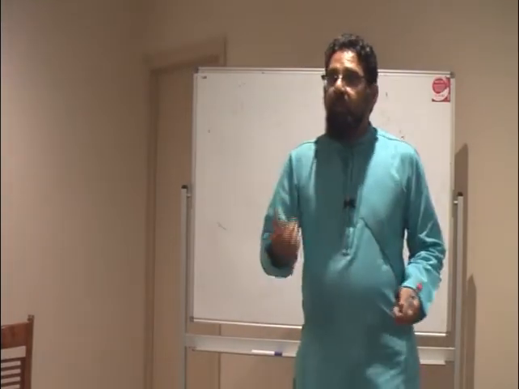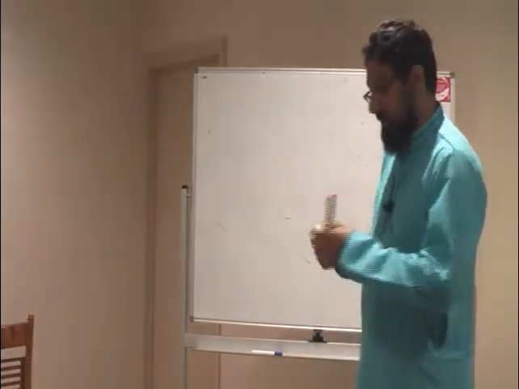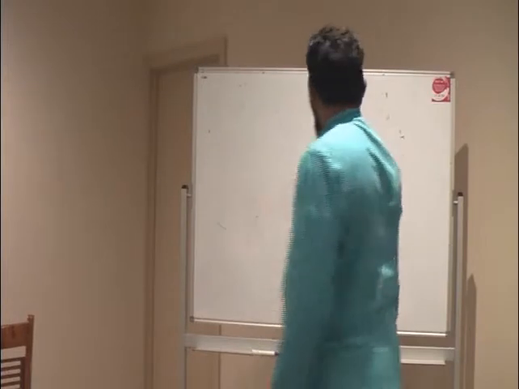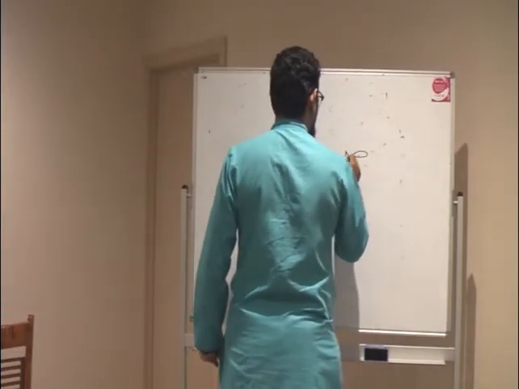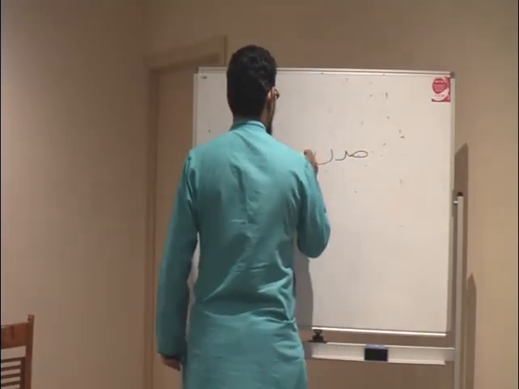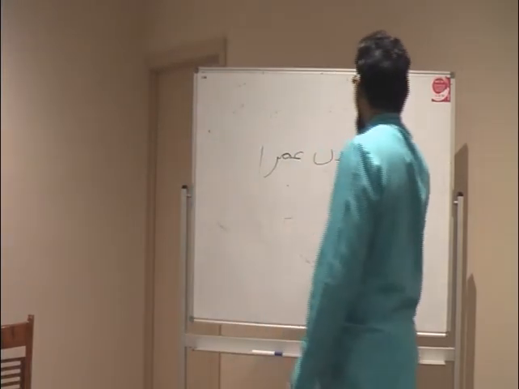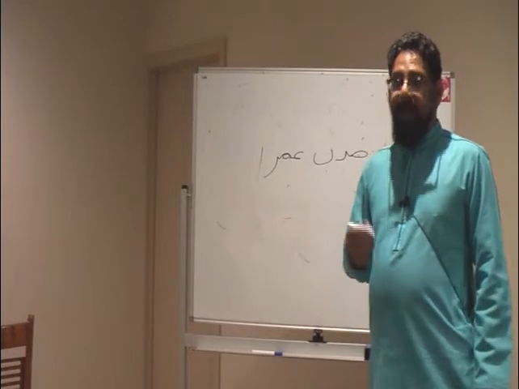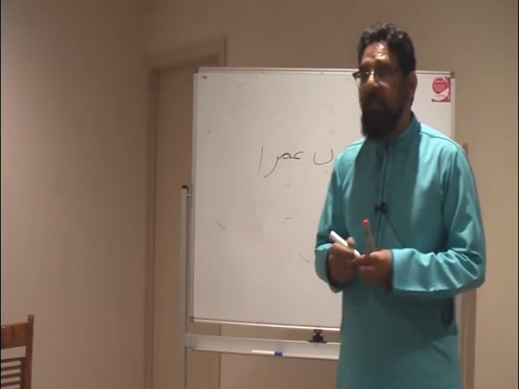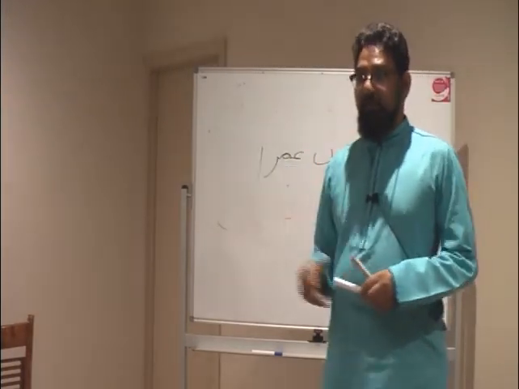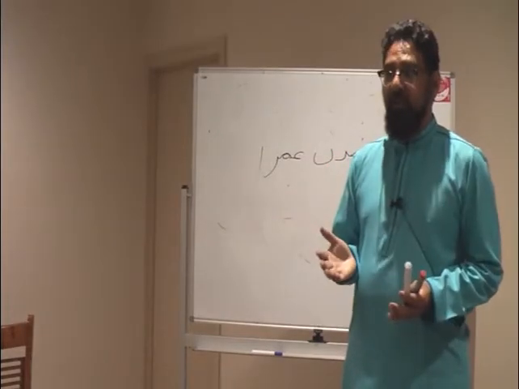is Zayd hit Amr, or Amr was hit. So here what we have is the passive verb. Passive verb means that the subject is out, no longer in the sentence.